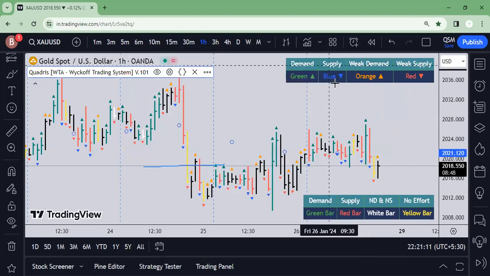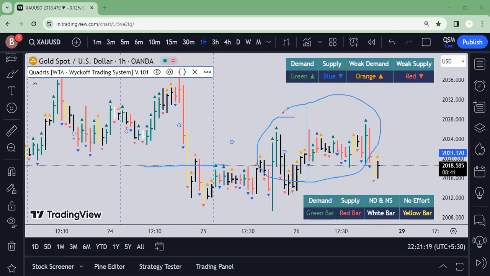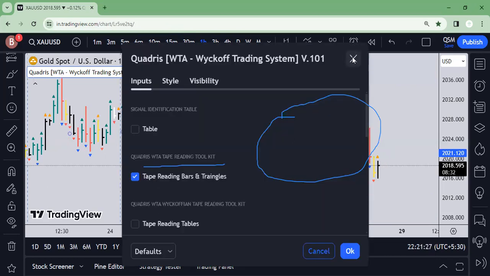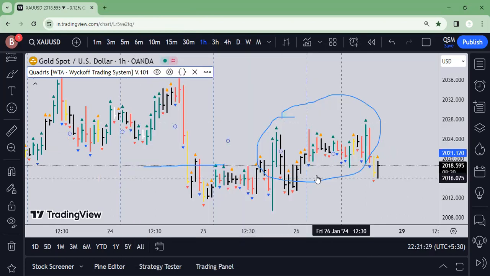Herein you will get two tables. They are only for reference. Once you are used to all the signals, later on you can uncheck that and just follow the system as a whole.